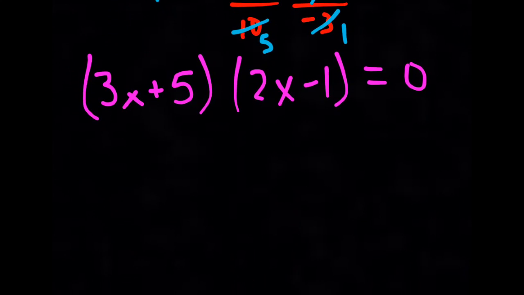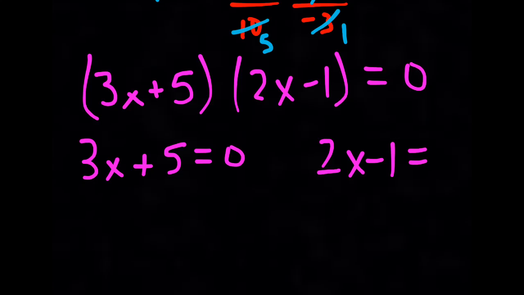Then from there, since it told me to solve for x, I set each parentheses individually equal to 0. And then you just work them out individually.